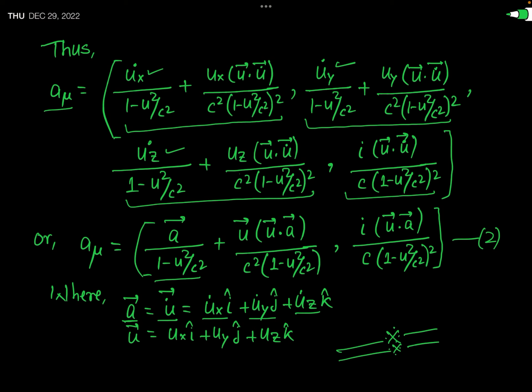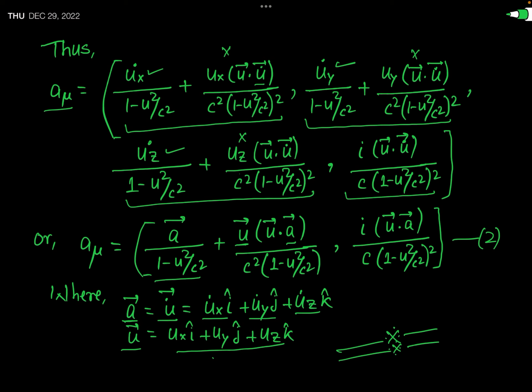Okay, and again when you combine these terms, see here, which I am just crossing, these 3 terms, one is for x, another is for y, and this is for z. Then ux i plus uy j plus uz k, this is equal to vector u. So instead of this ux, uy and uz, I have written here vector u, you can see. And u dot is replaced by vector a.